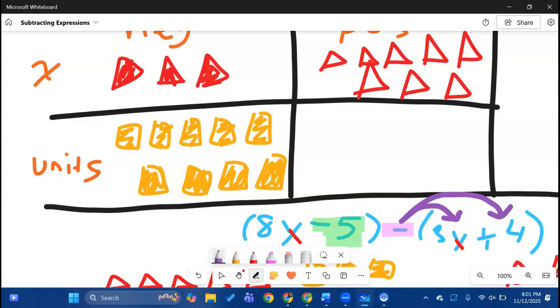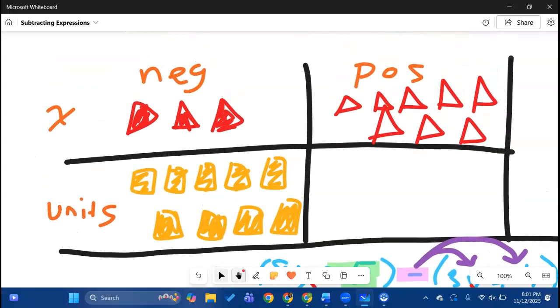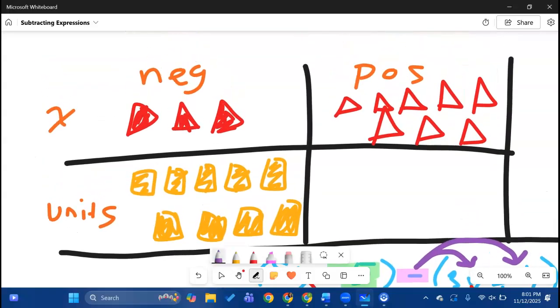Now we need to think, how can we numerically, with our numbers, express these numbers? So over here we have negative 3. This is positive 8. And then down in the bottom left, once we count up everything we have, 1, 2, 3, 4, 5, 6, 7, 8, 9, we have negative 9.